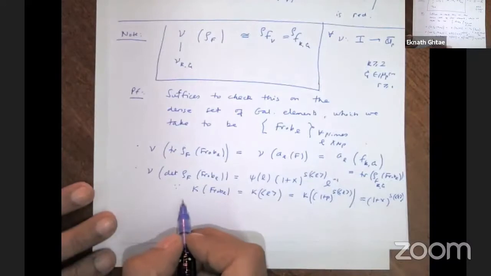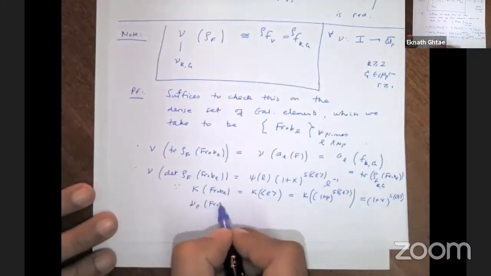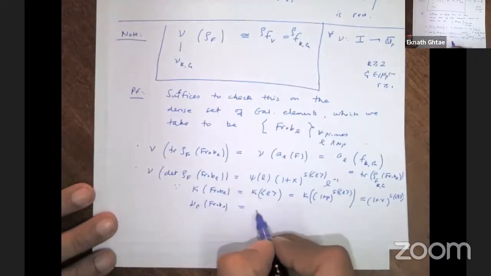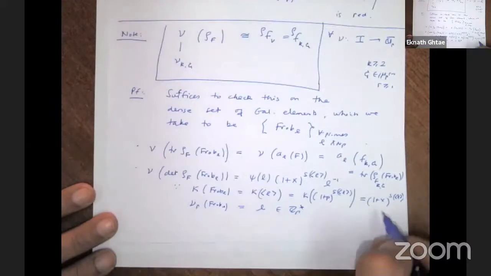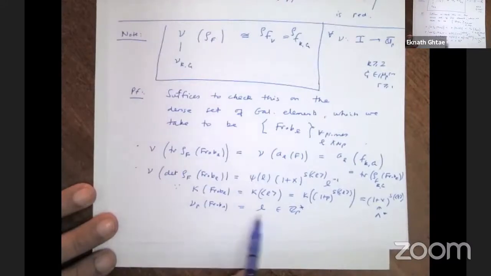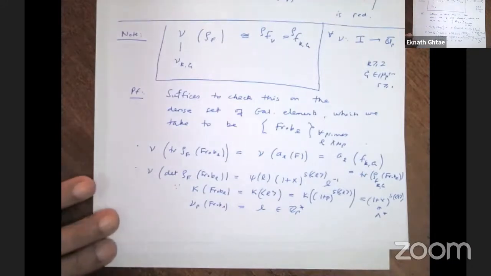And similarly, we already did that in some sense: nu p of Frobenius of L is just L in Z_p star. Okay, this is in lambda star. If you don't know this computation, you should do this. The Frobenius at L acts on the p-power roots of unity just by L. Okay, so very good.